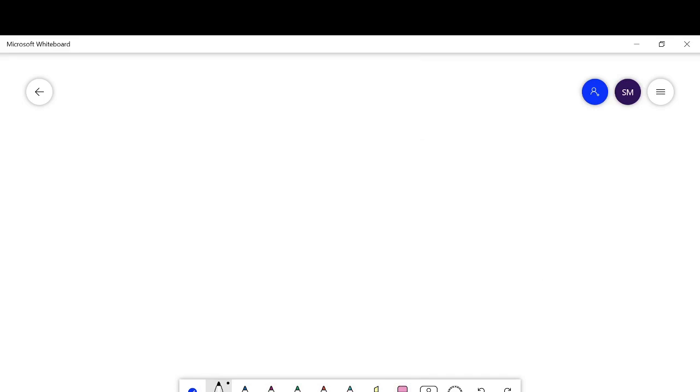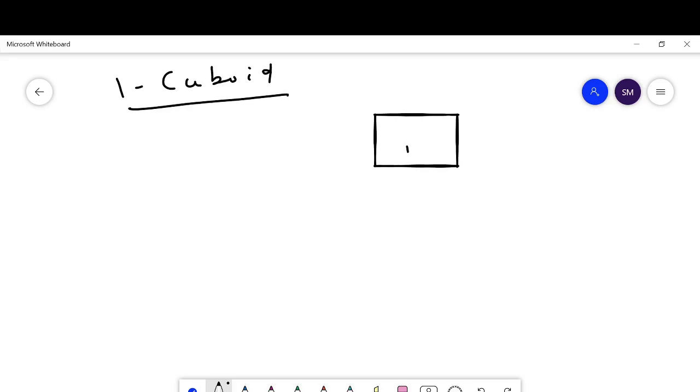Just note down the features of a cuboid. In this chapter, we will discuss the features of the three-dimensional figures. First, cuboid. A cuboid is the solid which is surrounded by six rectangular faces.